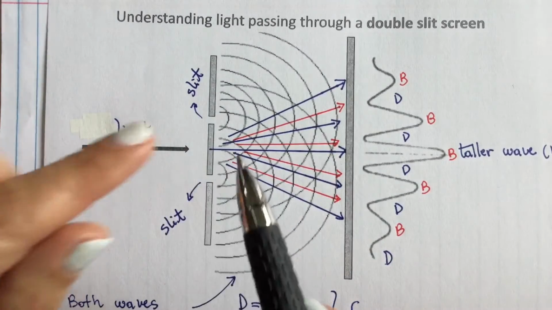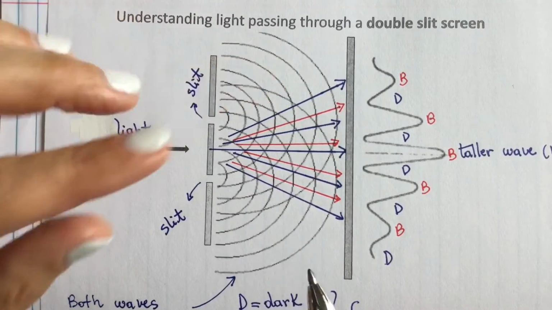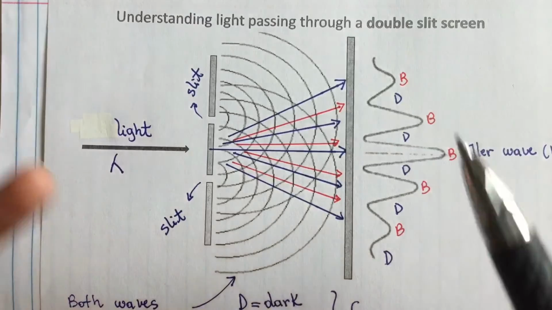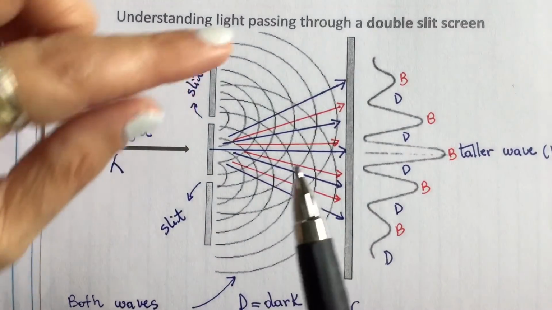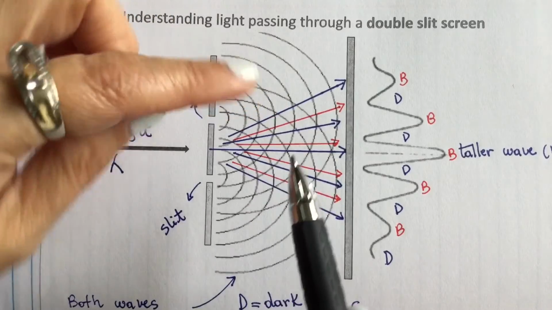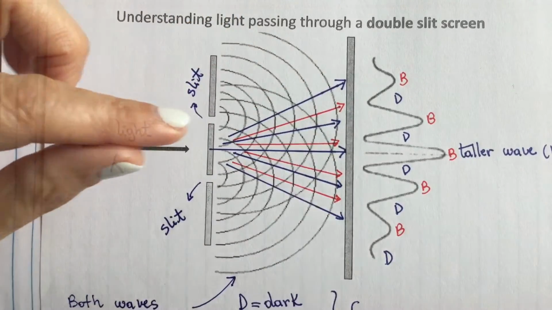This light is split into two lights. They are identical. They have the same wavelength and frequency. Therefore, they are coherent. The coherent light waves combine right here where there is interference.